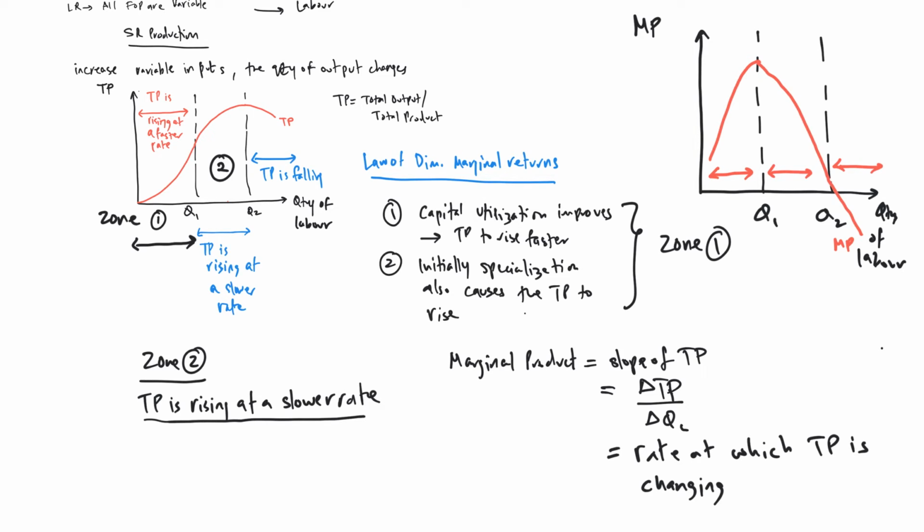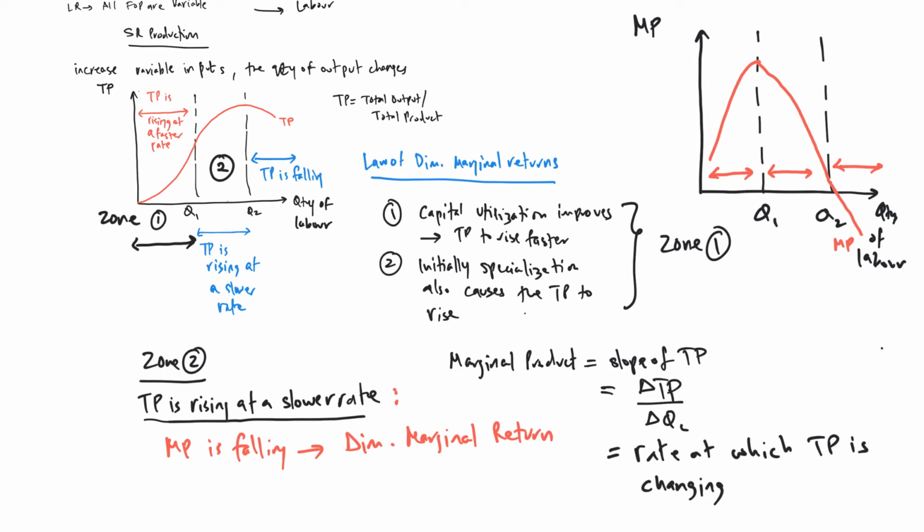We saw that when TP was rising at a faster rate, its slope is increasing. When TP is rising at a slower rate, its slope is falling. When TP is rising at a slower rate, MP is falling, and that's called diminishing marginal return.